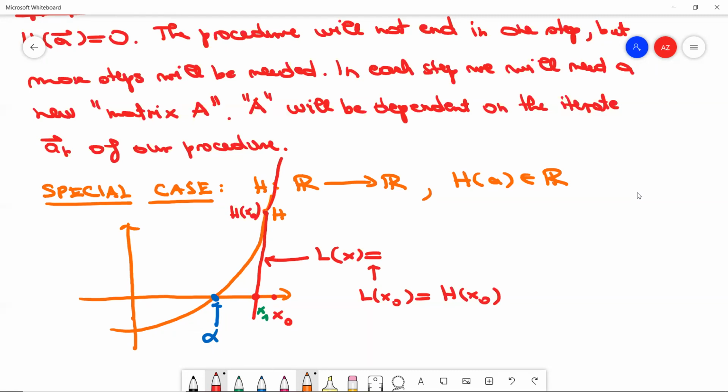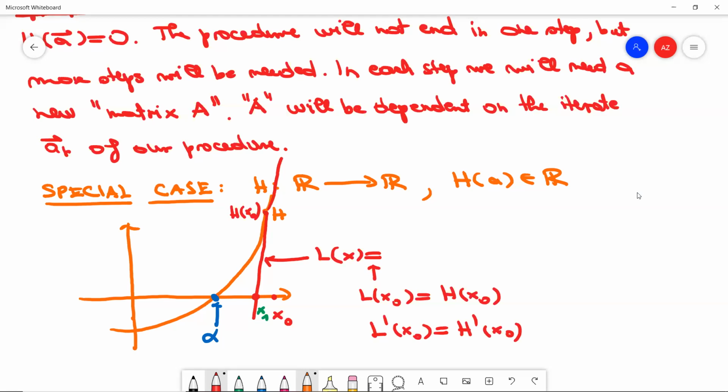But the slope of this tangent was the same as the derivative of h. So L derivative of x naught was the same as h derivative of x naught. So this requires that we know how to compute the derivative of h. So h must be differentiable, and we should know how to calculate the derivative.